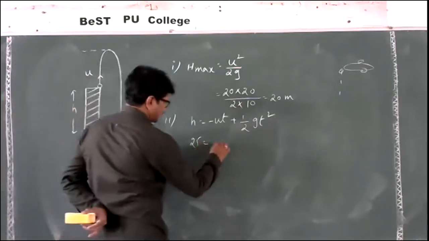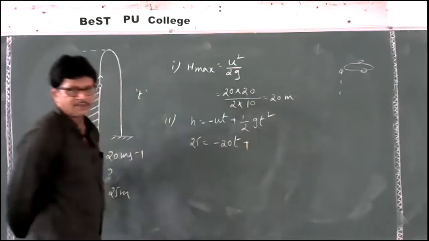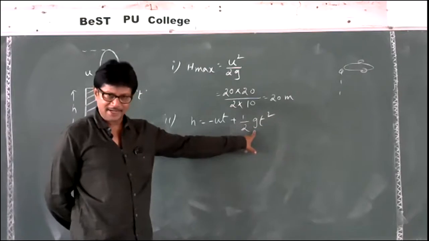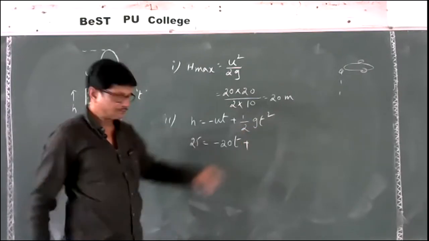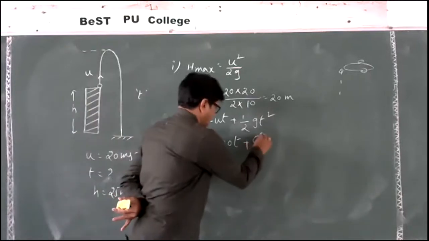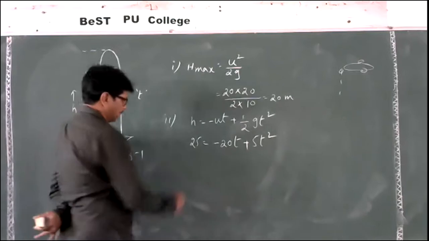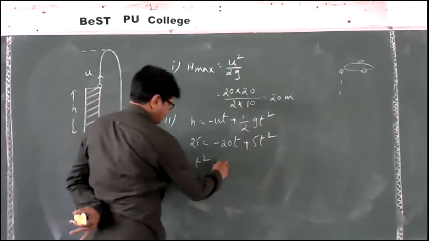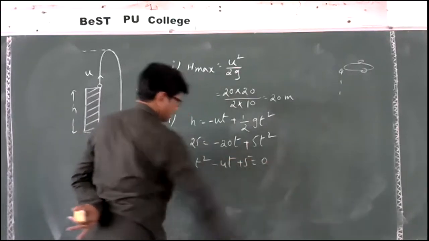So minus 20t plus g value as 10, 10 by 2 is 5, 5t square. This I will write with your permission: t square minus 4t plus 5 is equal to 0.